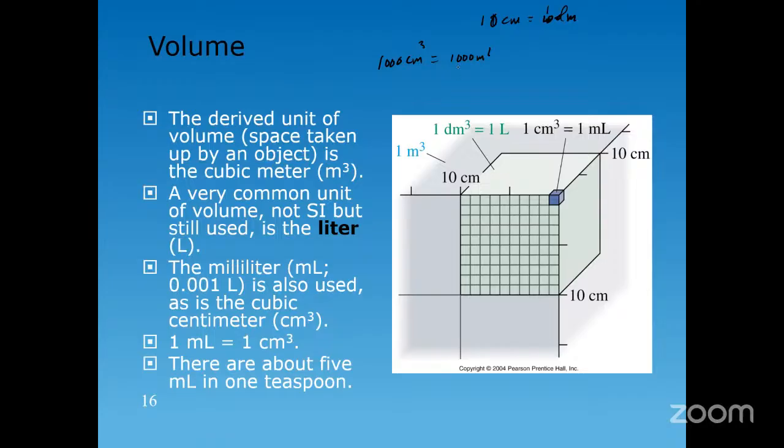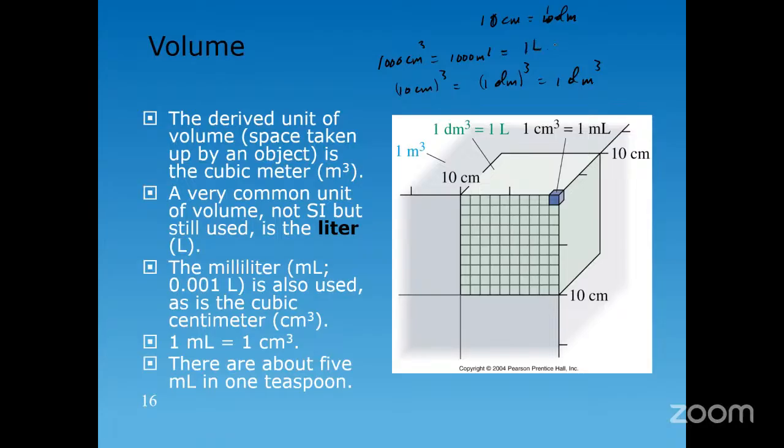If that is true, then 1,000 centimeters cubed would be the same thing as 10 centimeters raised to the third power, which would be equal to 1 decimeter raised to the third power, which is equal to 1 decimeter cubed, right? And we know that milli means 1,000, so therefore this would be equal to 1 liter.